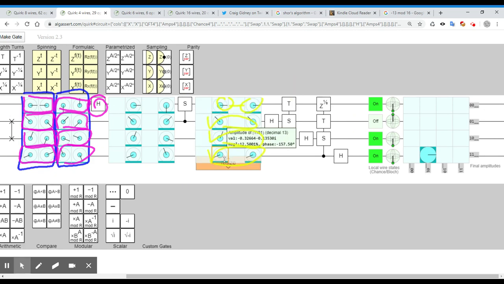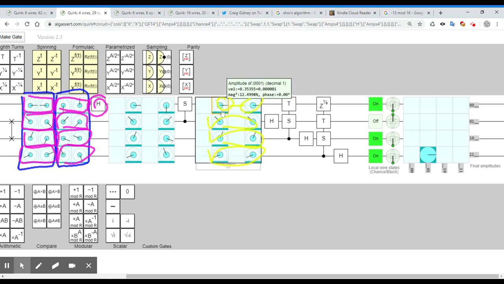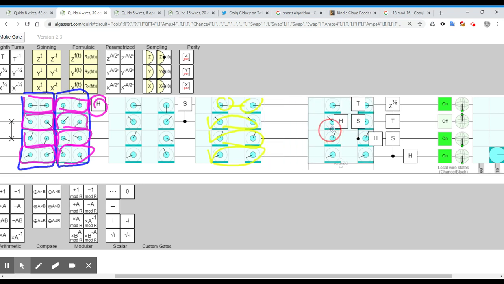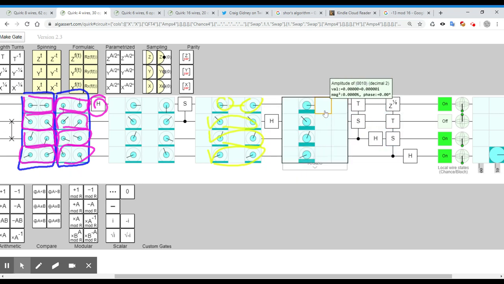Where's it going to go? Is it going to stay here? I think it's simply going to stay here after the Hadamard. Yeah. You see? Cool.